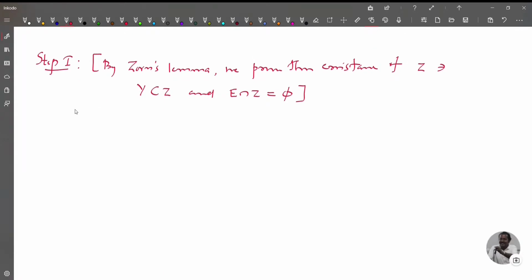For which we let the family script W be the set of all W such that W is a subspace of X, Y contained in W, and E intersection W equal to phi.